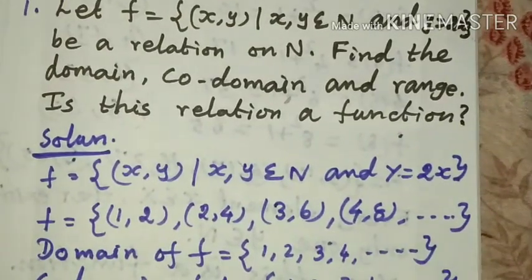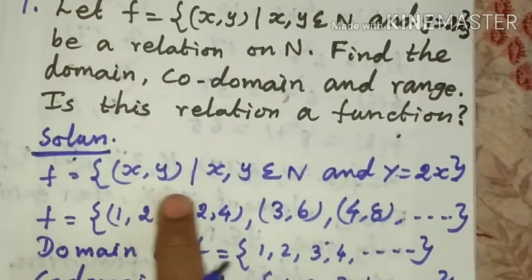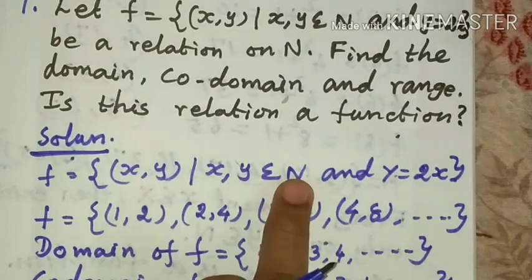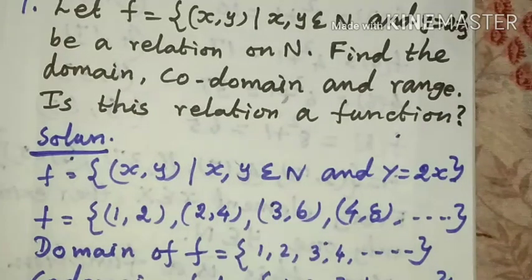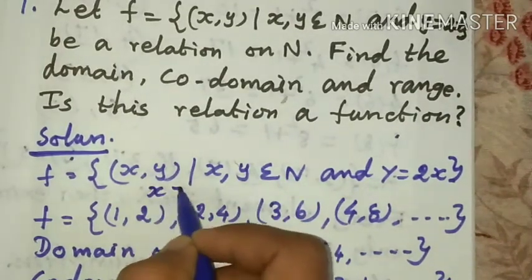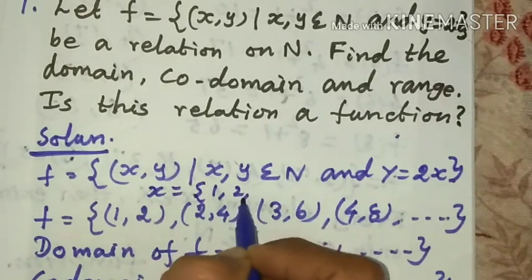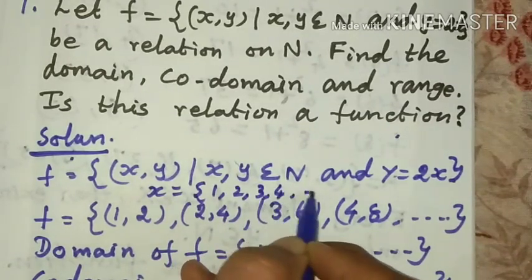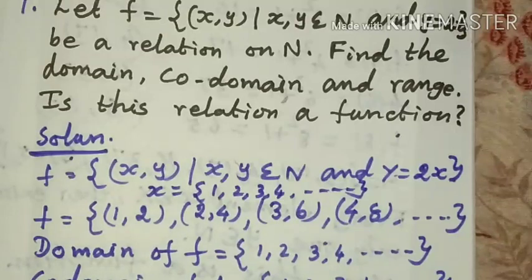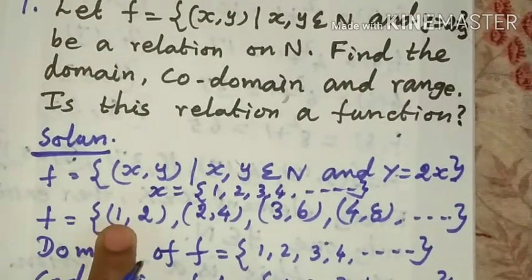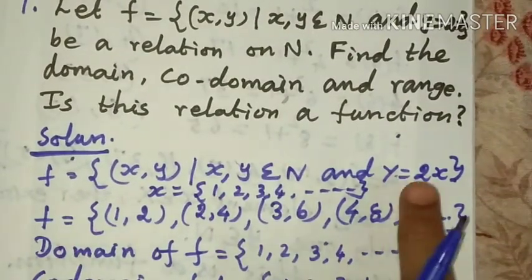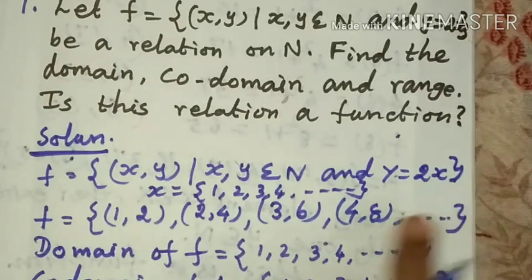See, from this given, x, y belongs to natural numbers. Therefore, x is equal to 1, 2, 3, 4, like that going on. Now we find the ordered pairs using the condition y equal to 2x.